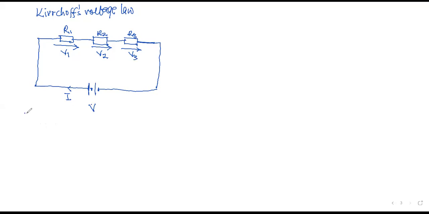So V is the source PD, and the PD across all the loads, V1 plus V2 plus V3. And that's what happens when there is a closed circuit.